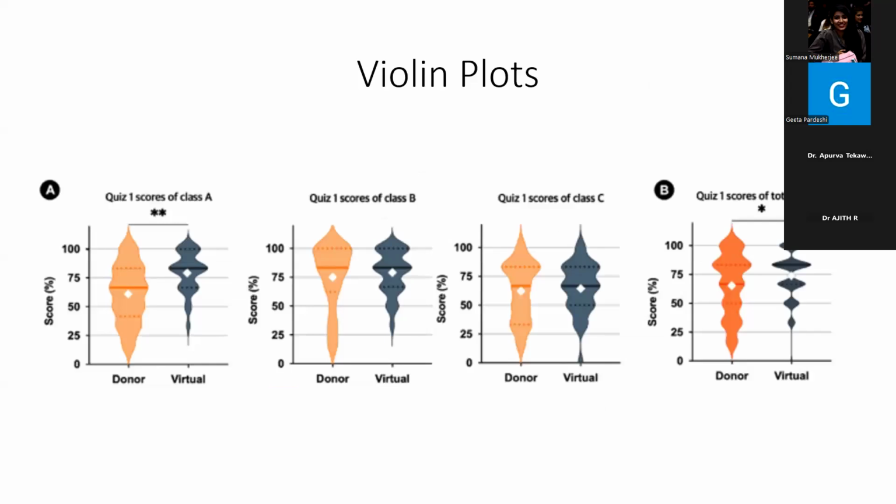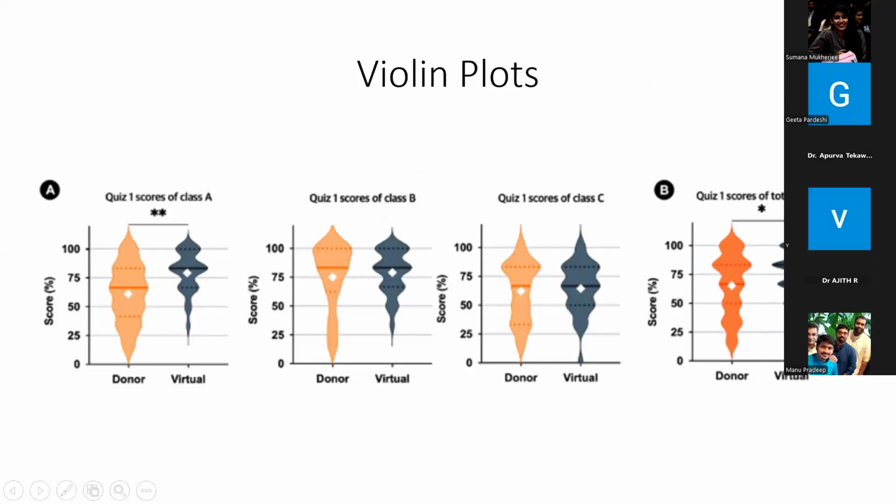And this is how they are reporting their findings. These are known as violin plots. At the end of the class, if anyone is interested, we will discuss these plots. Very interesting plots. The thing I'll draw your attention to is the central white dots and the red solid horizontal line.